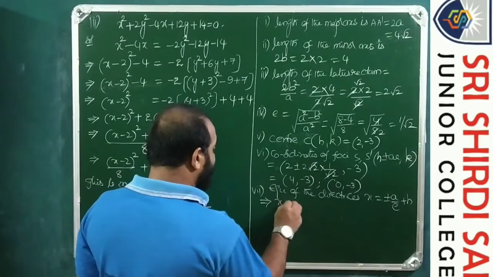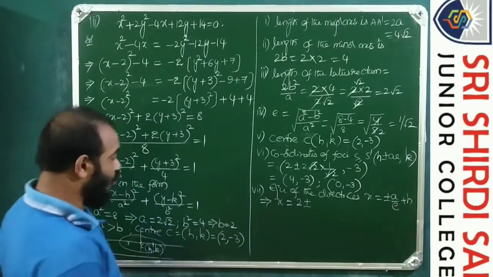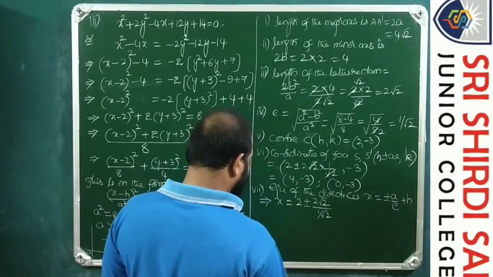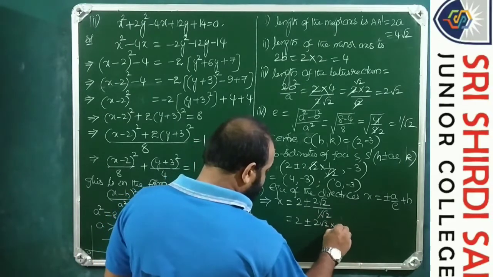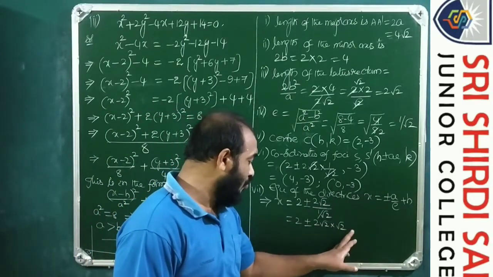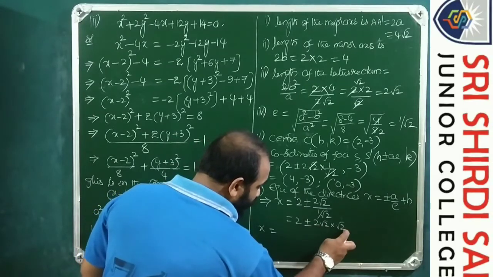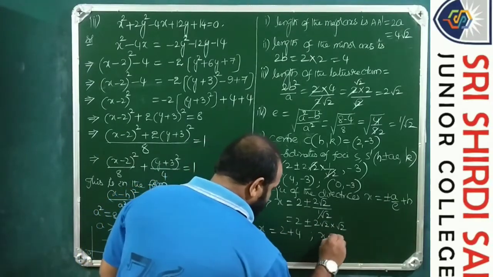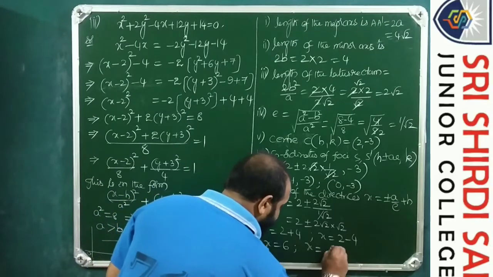So x is equal to 2 plus or minus a value 2 root 2 by e value 1 by root 2. 2 root 2 divided by 1 by root 2 is 2 root 2 times root 2, which is 4. So 2 plus 4 and 2 minus 4.